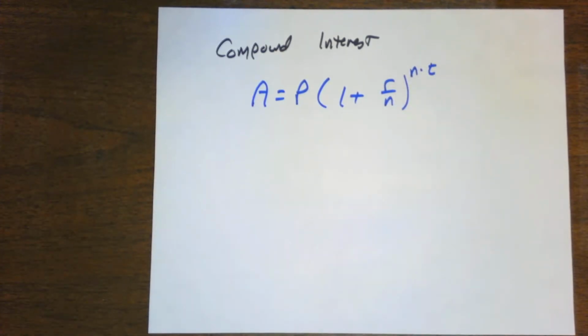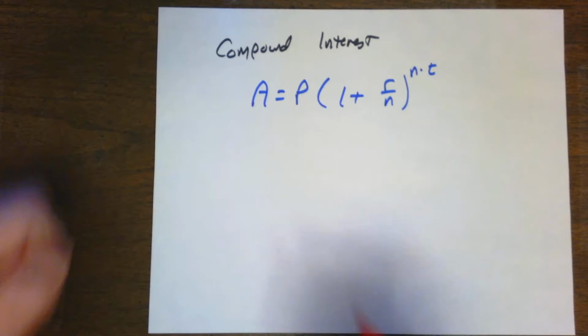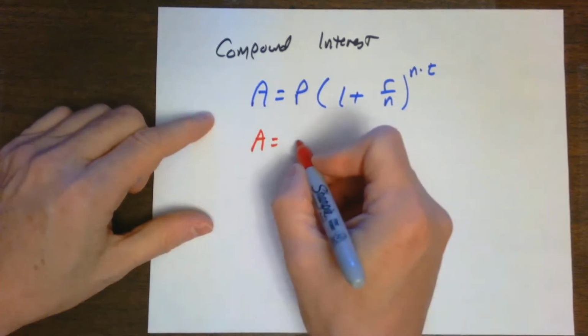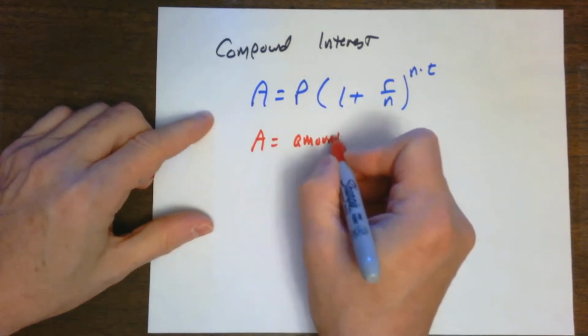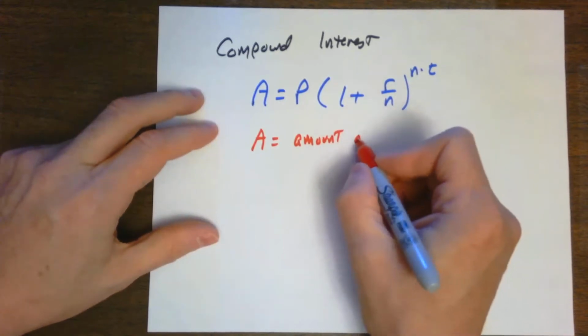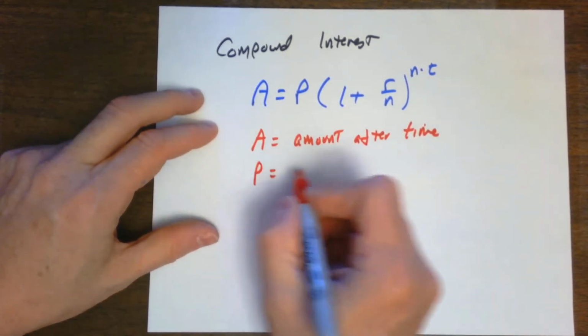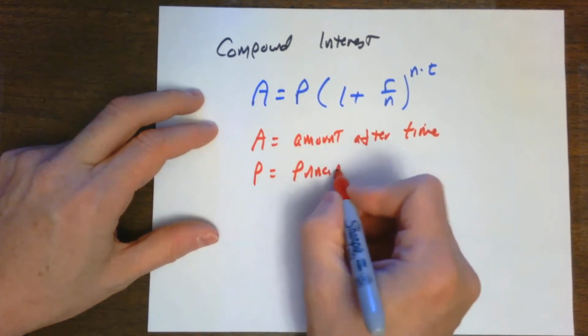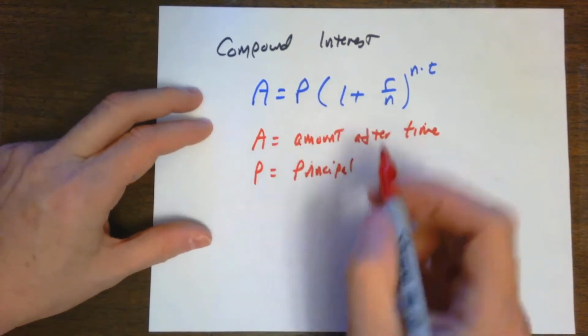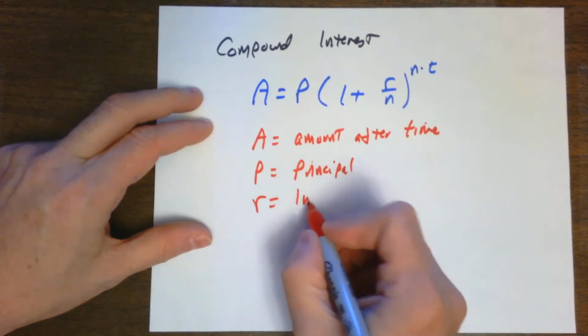Oh boy, okay, let's break this down. So what are all my variables here? A is the amount that the investment's going to be worth after time. The P is the principal, the initial amount that you're plugging in. R is still the interest rate.